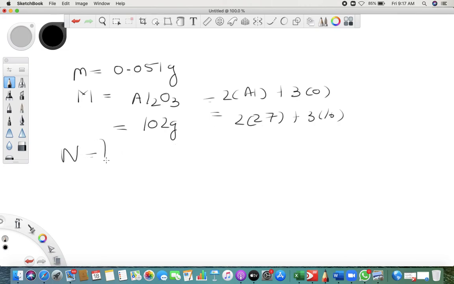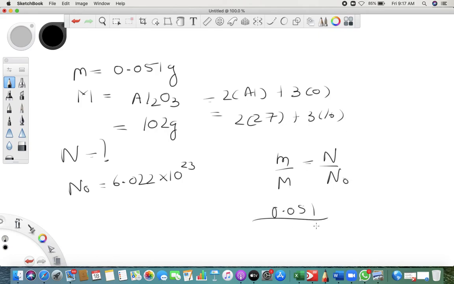Small m is given, capital N we have to find out, and N0 we already know. N0 is Avogadro's number, 6.022 into 10 raised to 23. Small m upon capital M equals N upon N0. So it is 0.051 upon 102 equals capital N upon 6.022 into 10 raised to 23.